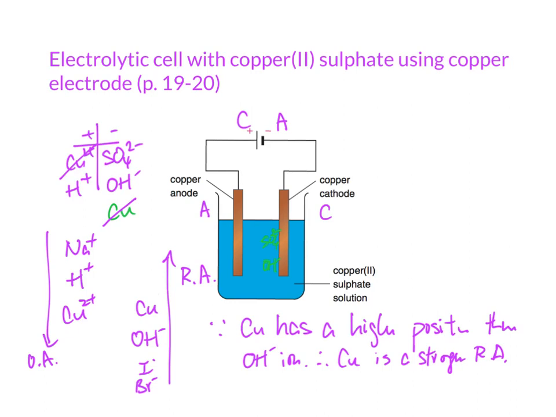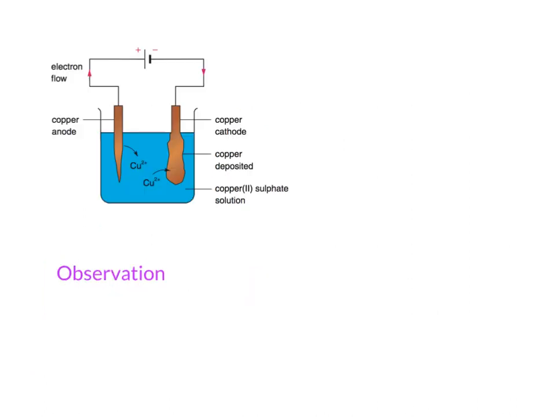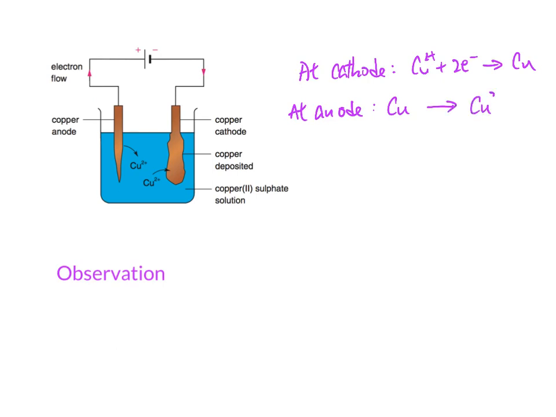Let's see how the equation is going to be written. At the cathode, Cu2+ is going to gain electrons and become Cu. While at the anode, the Cu will be the one discharged, and in the process it will also give out electrons, forming Cu2+.